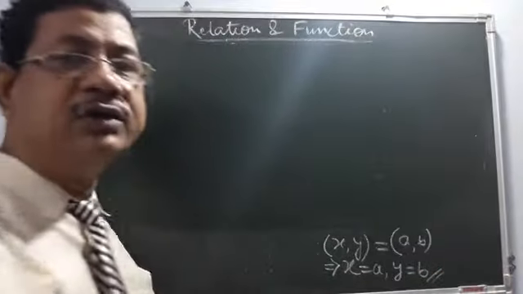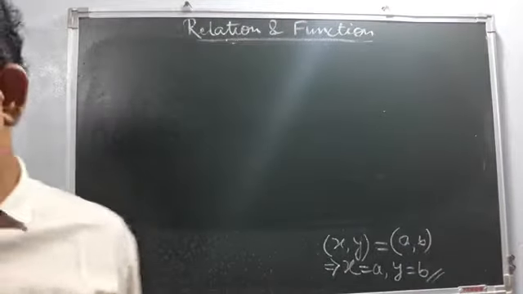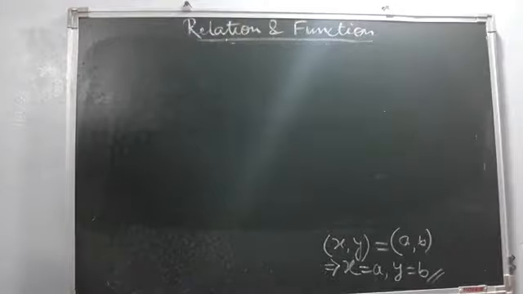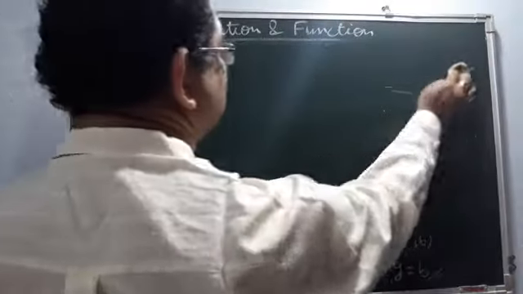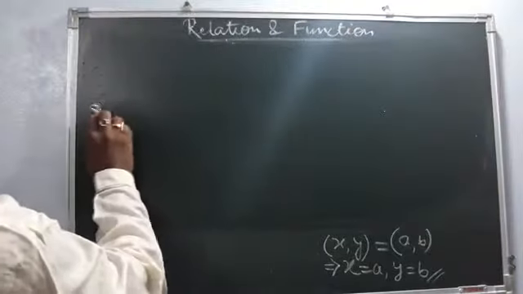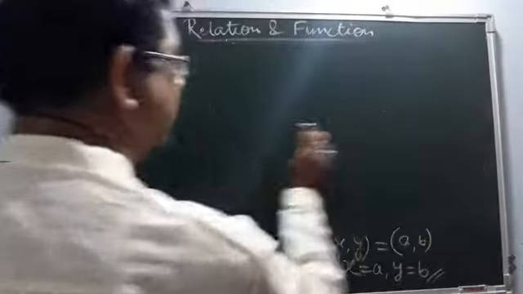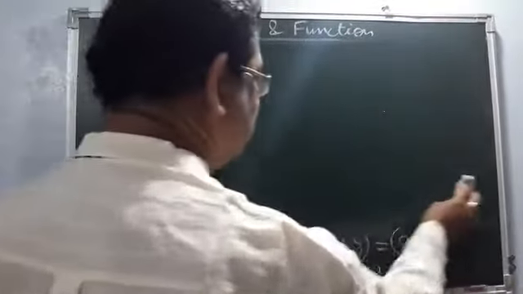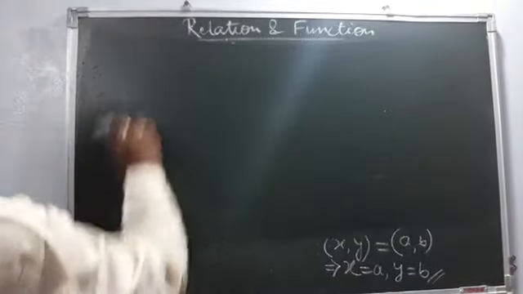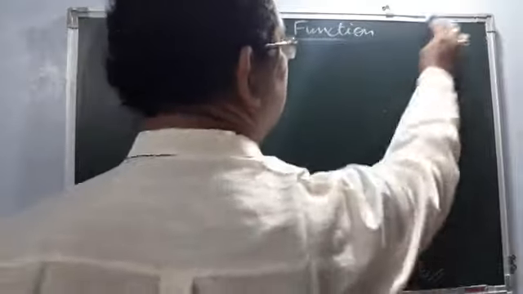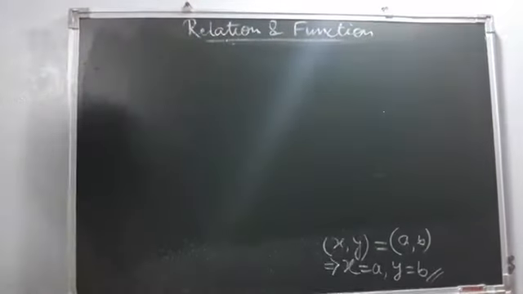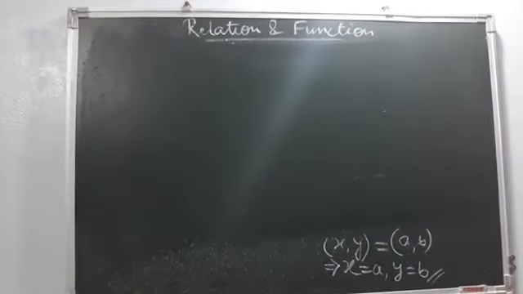That is, the first elements of both the pairs should be the same, as well as the second elements should also be equal. That we have learned, that we know also. This is our prerequisite knowledge, already we got this type of knowledge in our lower classes.